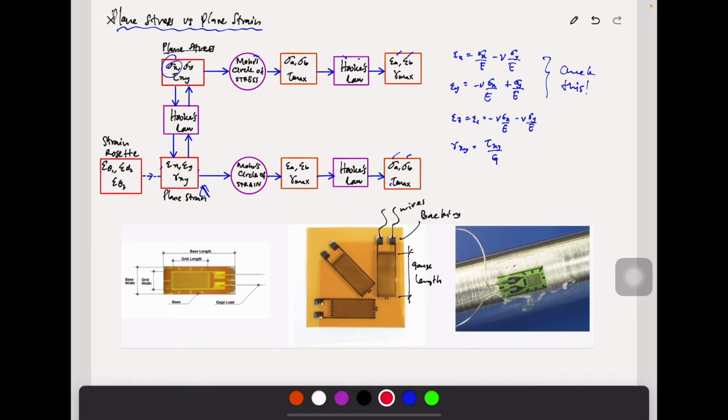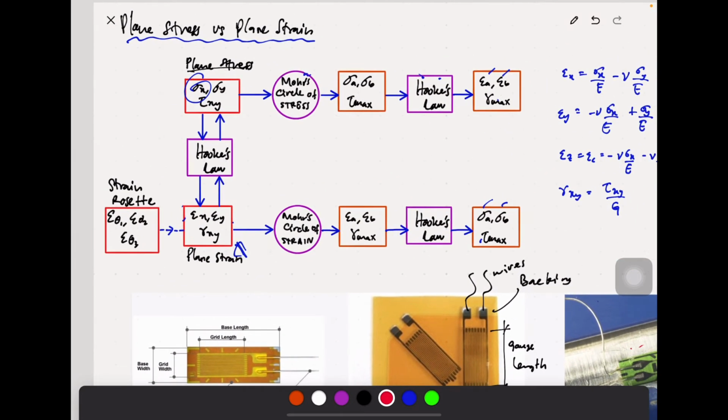Stress and strain are both interchangeable with a set of rules. For example, on the top right here, I'm showing the relation between plane stress and plane strain. They are governed by Hooke's law.